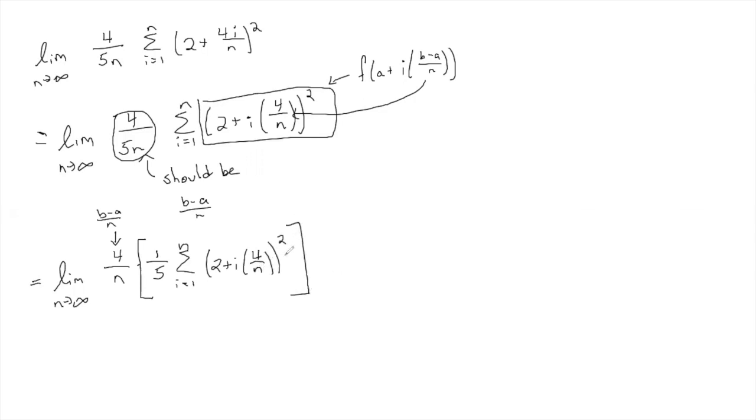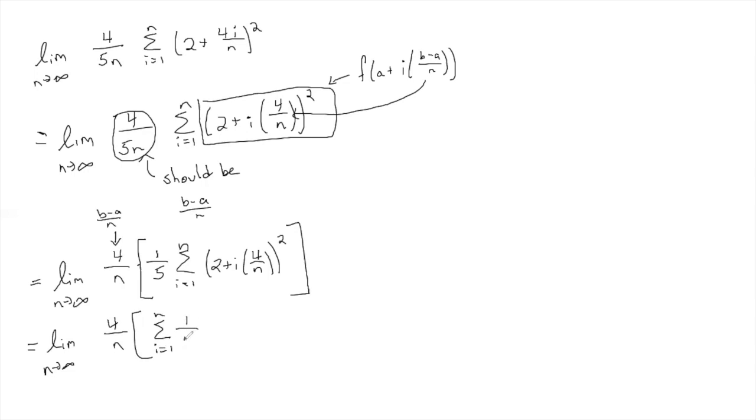Right? Okay, so it looks like we're pretty close. But this 1/5 is still an issue, right? It should be just b minus a over n times a sum, and I should only have the function on the inside with a plus i times b minus a over n. But who says this 1/5 isn't a part of the function? In fact, it is. I can move this 1/5 outside. We know that. That's a trick that we've used for linearity. But that also says that I can move it inside. So I rewrite it one more time as this.